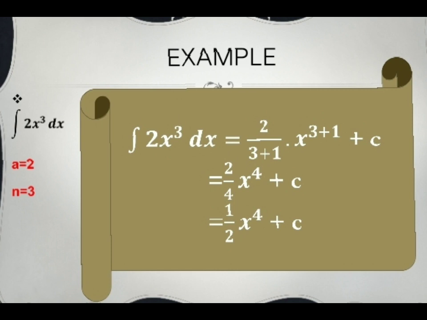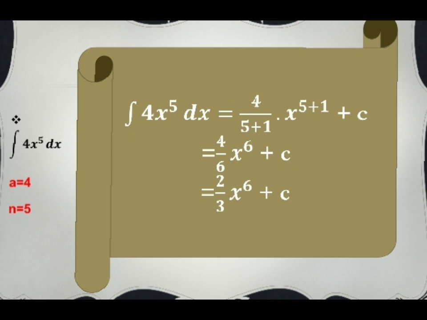To simplify, we have 2 over 4 x to the power of 4 plus c. Simplifying further, we have 1 half x to the power of 4 plus c. That will be the answer of that equation.